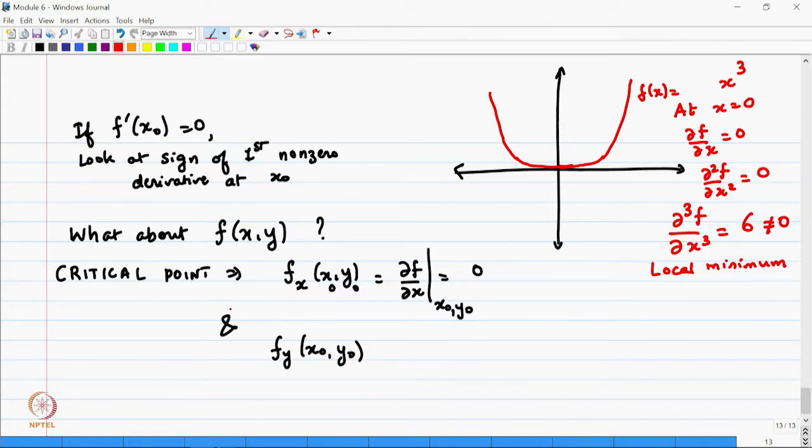This and is very important, which is dou f by dou y at x 0 y 0 equal to 0. So, that is the condition for the critical point.